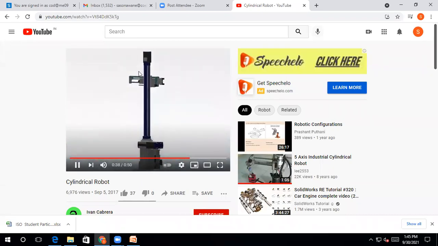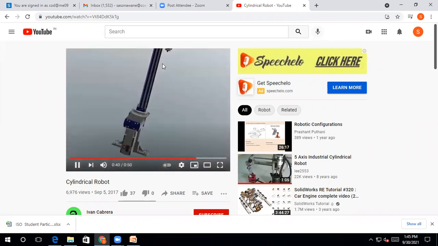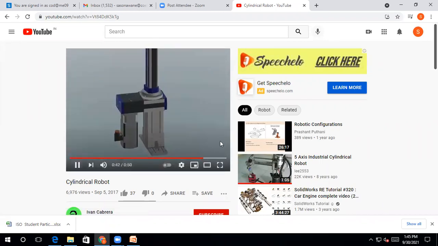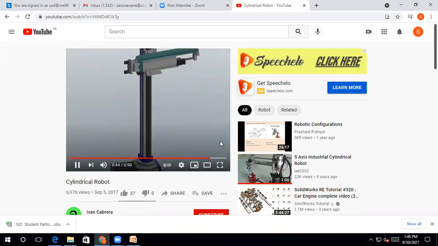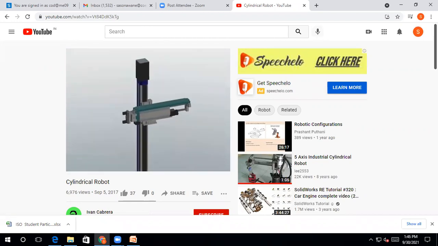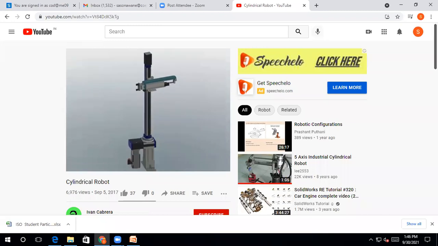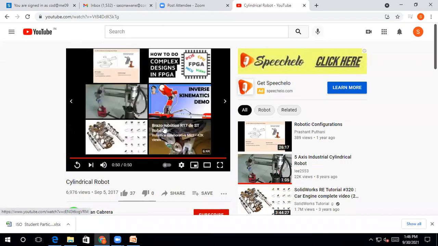It is going inside, coming outside. This arm can move up and down. That's why this is known as cylindrical robot.